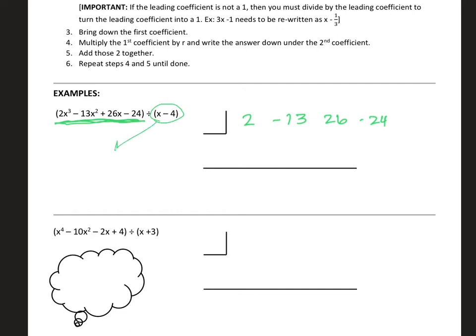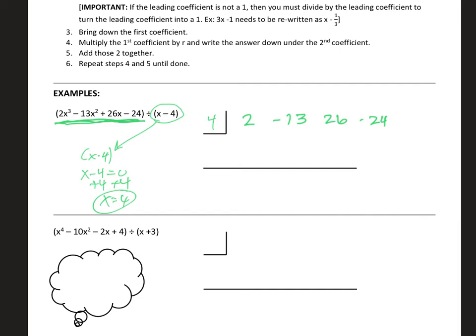So if this were a factor, let's say in a quadratic, right? And you had x minus 4, right? And if we were going to solve that, we would do x minus 4 is equal to 0, yes? Okay, and in order to solve for x, you would add 4 to both sides, so you get x is equal to 4. So that solution is going to go right there in that box. Does that make sense? Okay, all right.